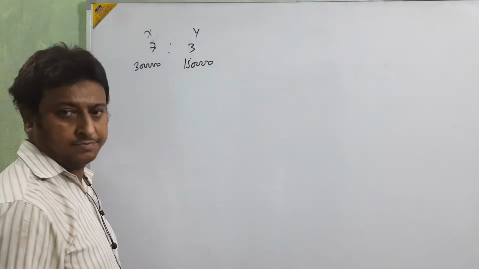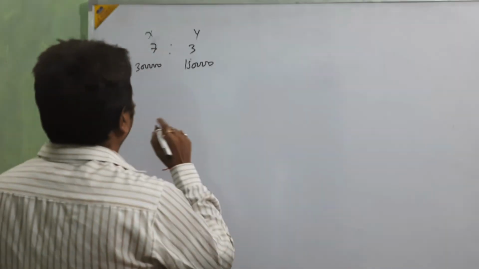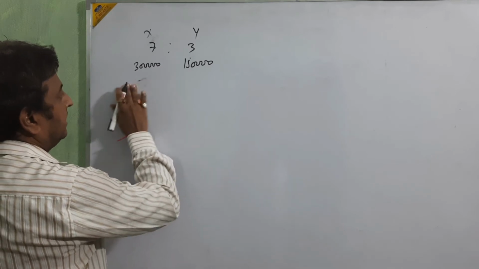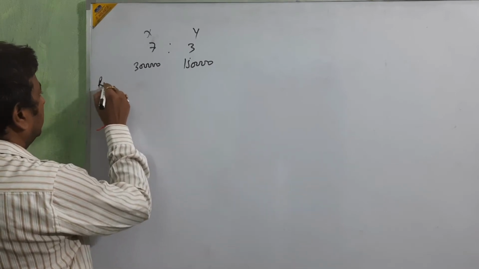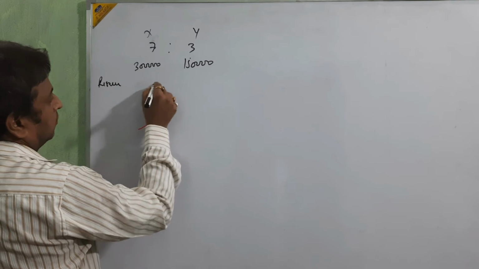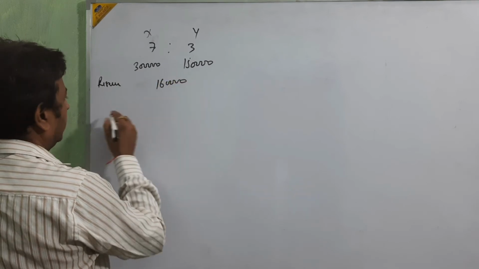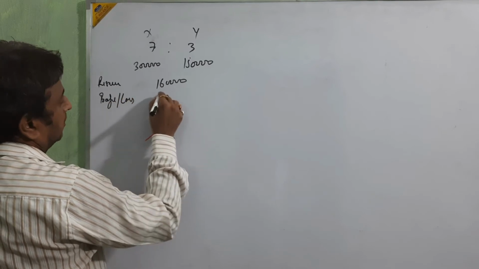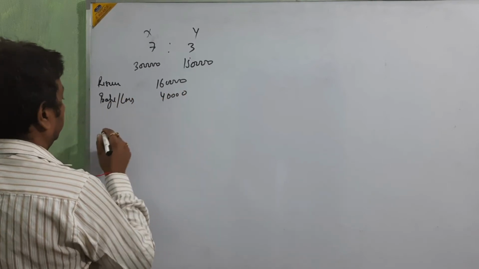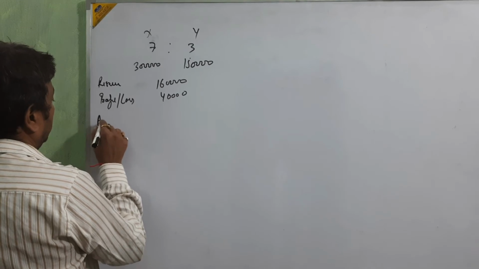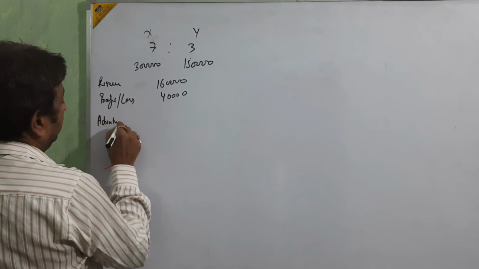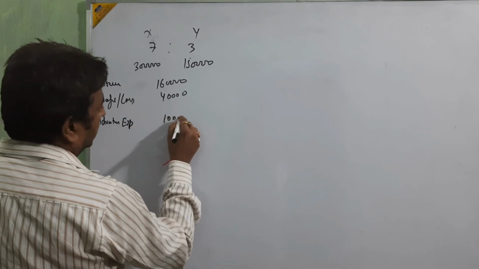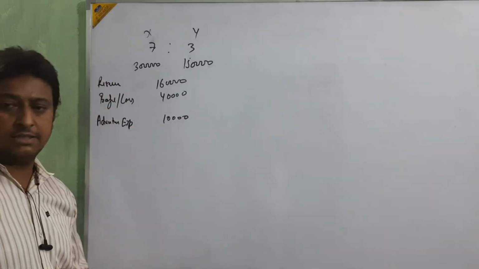Reserve is 1,60,000. Profit and loss account is 40,000. And advertisement expenditure is 10,000, which is an expense.